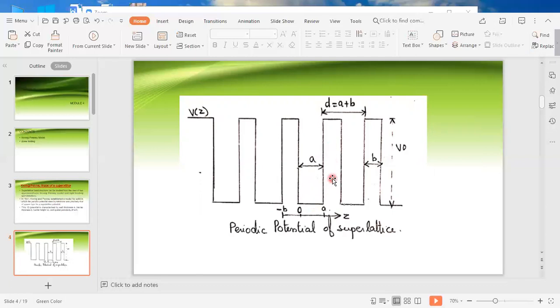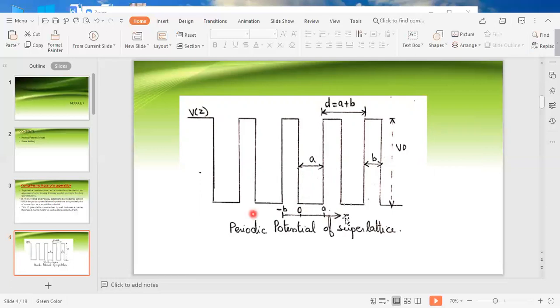As you all know, electrons have dual nature, which means electrons can behave as wave functions and as particles. So, we'll have wave functions both inside the quantum well and also in the barrier. That is one thing to be noted here.